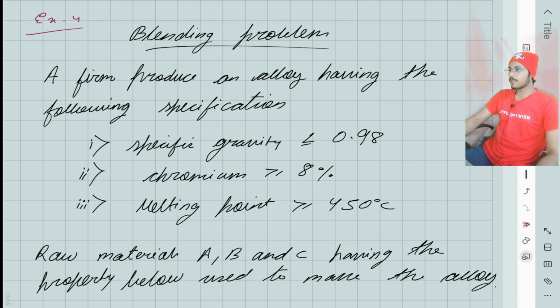The second example was similar to the first one, and the third example was a production allocation problem, where you have your machines and the machine capacity, and then we have the blending problem. The two new problems are the blending problem and the production allocation problem.